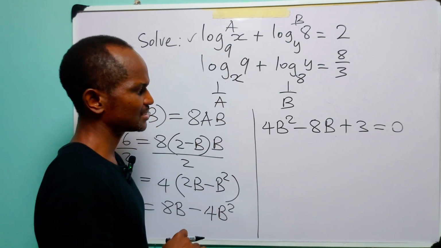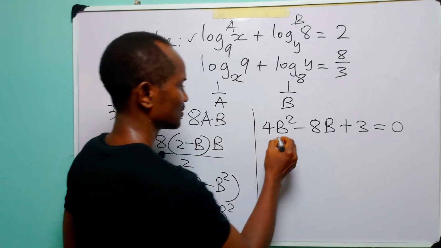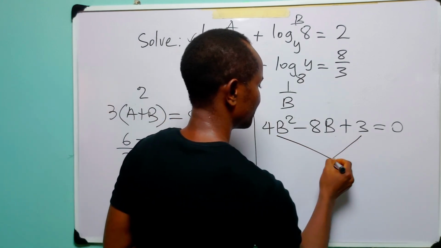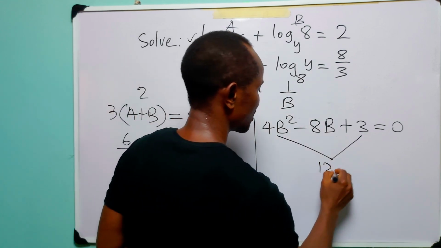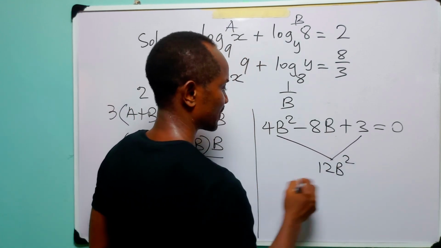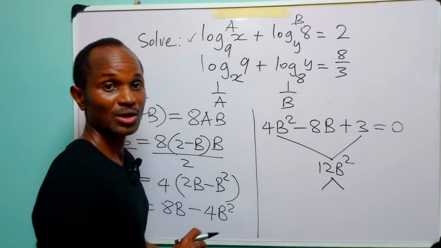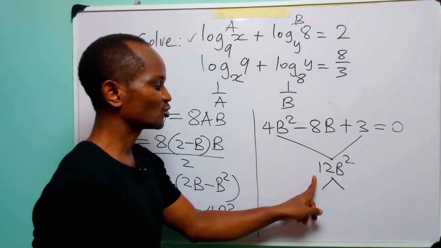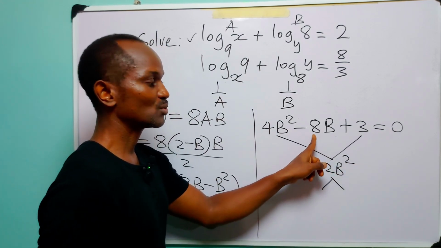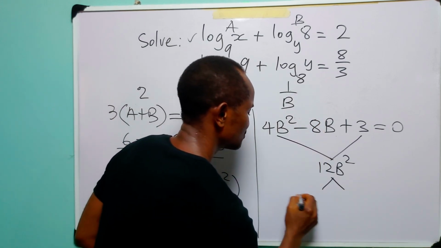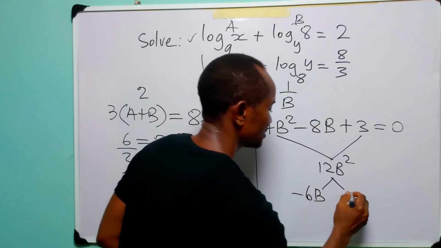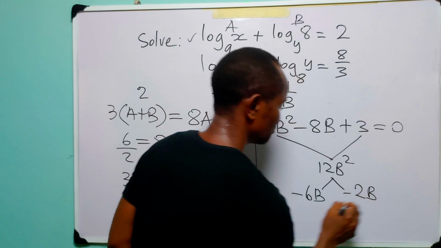So now we have a quadratic equation in b which we can solve for values of b. And we can factorize this equation. How do we do that? We simply multiply this term by this term. 3 times 4b squared is going to give us 12b squared. Now we ask ourselves the question, what are the factors of 12b squared that will add up to minus 8b? And of course, those will be minus 6b and minus 2b.